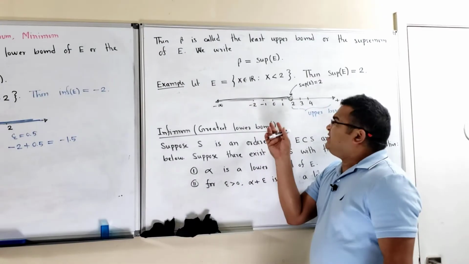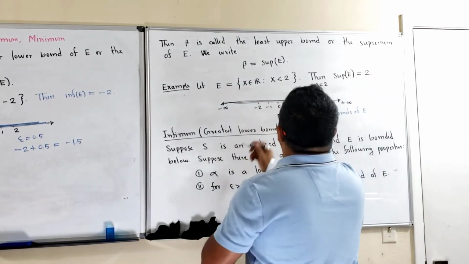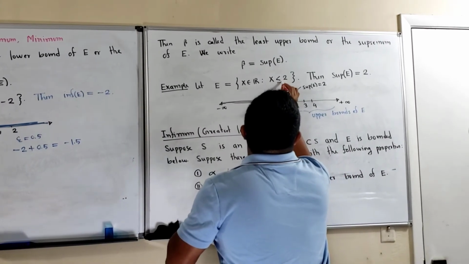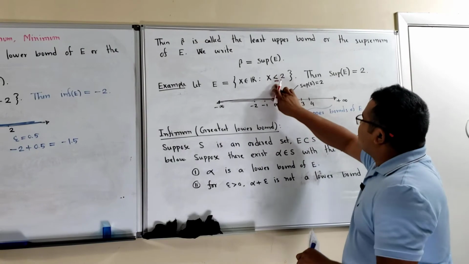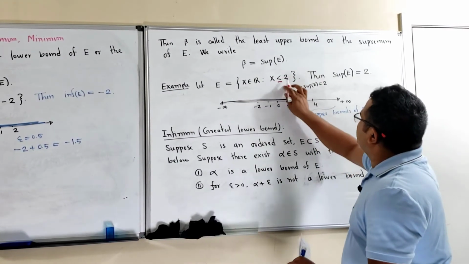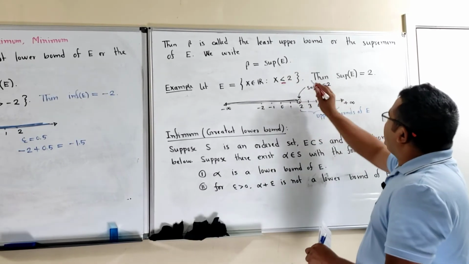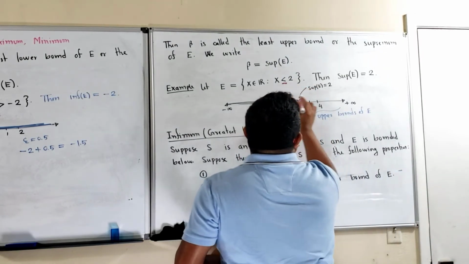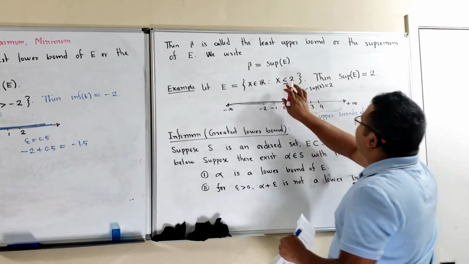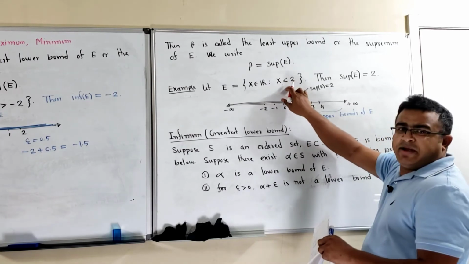The answer is no, because there is no equal sign here. If there is an equal sign here, then this 2 is also in this set, and it would be the maximum. So its supremum would be 2, and also the maximum would be 2. But in this set there is no equal sign, so it doesn't have any maximum.